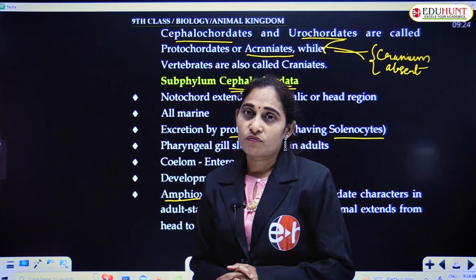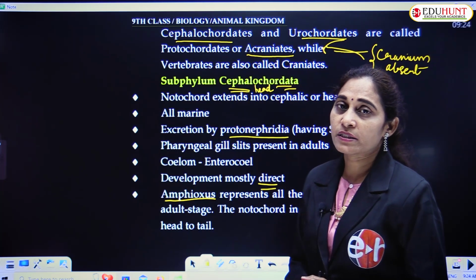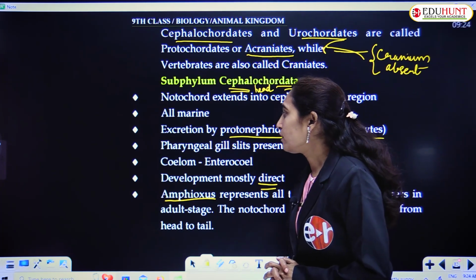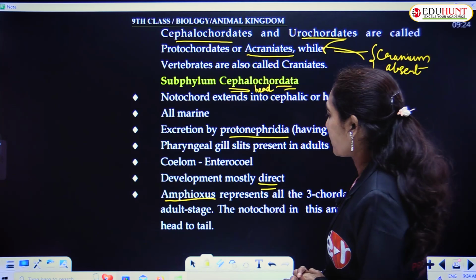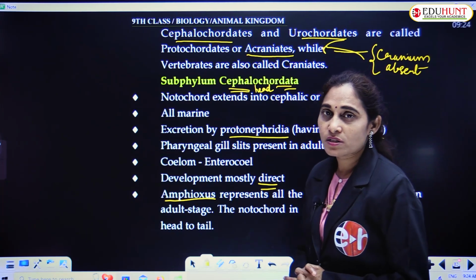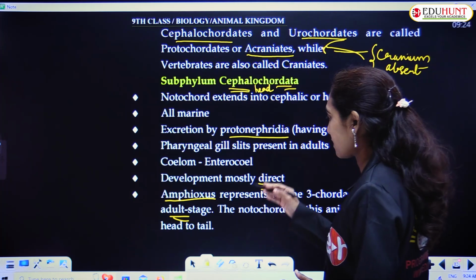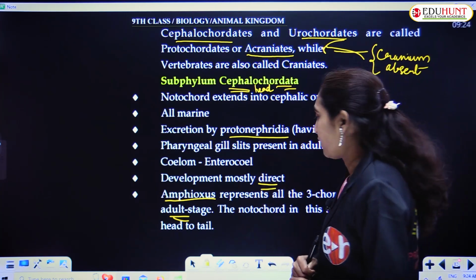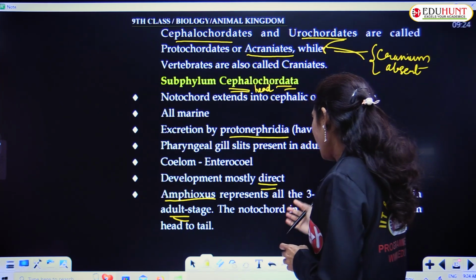One is the presence of notochord, second is the tubular nervous system, and third is the presence of pharyngeal gill slits. All these primary features are present in Amphioxus at the adult stage. They retain the chordate features in the adults.